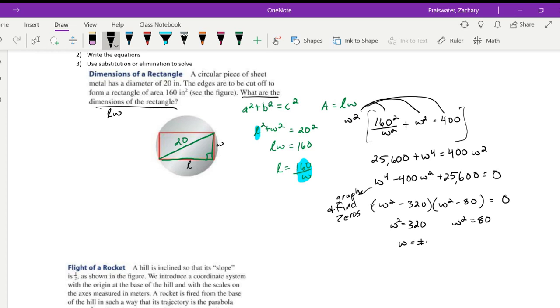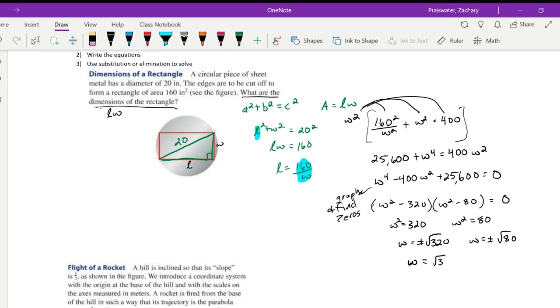But it's plus or minus the square root of 320, or plus or minus the square root of 80. So what's happening here? Well, we don't really care about the plus or minus because we don't want the negative width. So the square root of 320, actually we'll just leave it as a square root of 320.